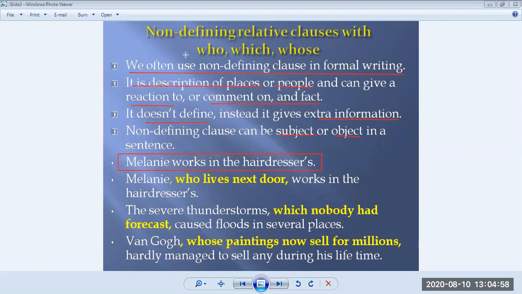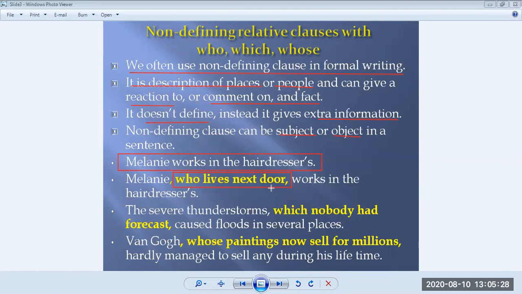Let's have a look at this one. Who lives next door? If you can see this part of the construction of the sentence, this part has been separated by commas. Melanie, who lives next door, works in a hairdresser's. If you see the main part, Melanie works in the hairdresser's, right? Still we have the same sentence over here. But here, who lives next door?